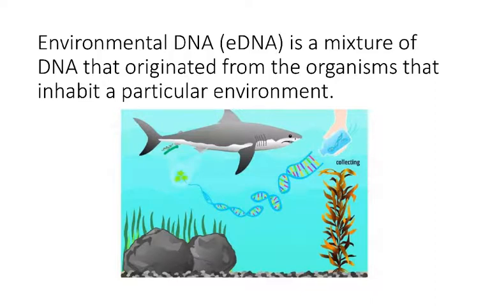Then you can collect a water sample that contains some of that DNA that's been sloughed off from all of the organisms present in that habitat or community. So eDNA is one way for us to molecularly estimate what species are present in that community without having to physically see or sample the organism itself.